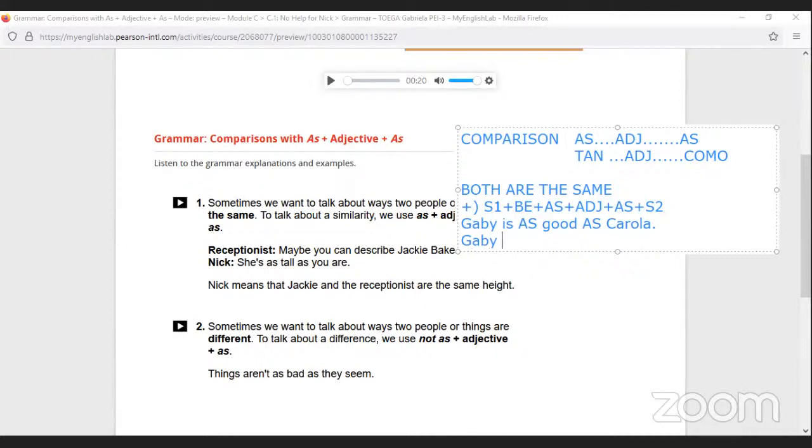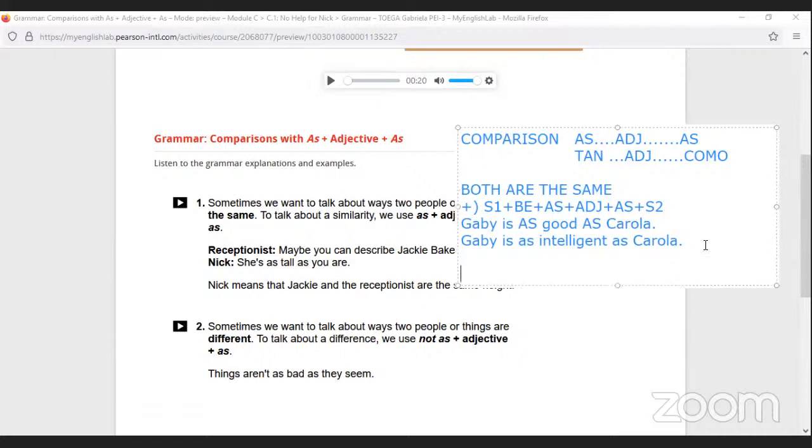For example, Gabby is as intelligent as Carol. So we could use two or more syllables. When we use affirmatives, we are saying that both are the same. So there is no difference between these two. They are intelligent, they are good. So we are saying that both are the same.